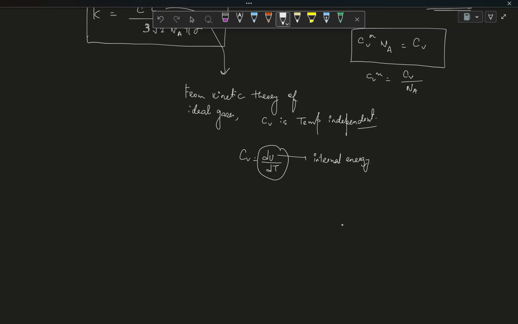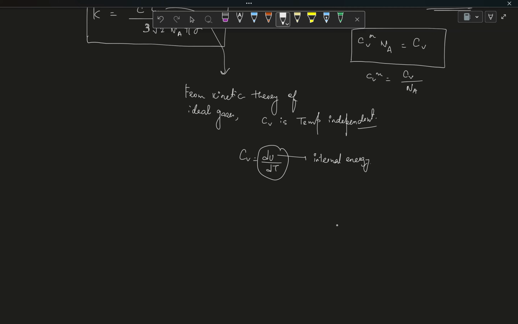So if there are f degrees of freedom, it will be half kT times f, and for n number of molecules, it will also be multiplied by a factor of n. So basically U is linearly dependent on T.